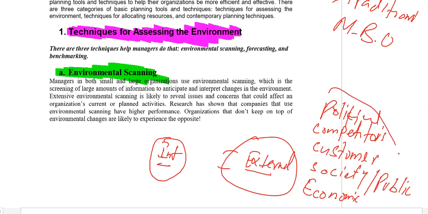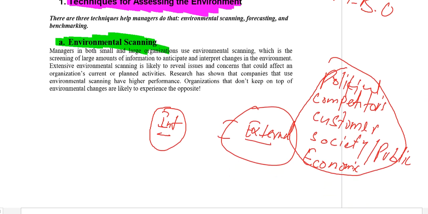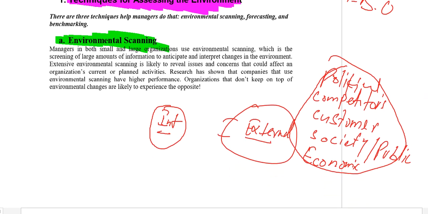So these are called external factors. So we have to analyze the environment, and in order to see the environment, first of all we will go to environment scanning.